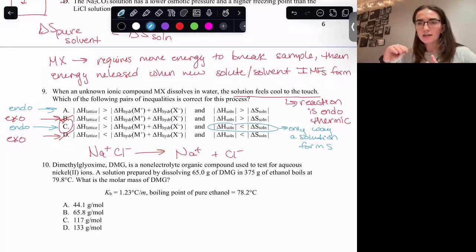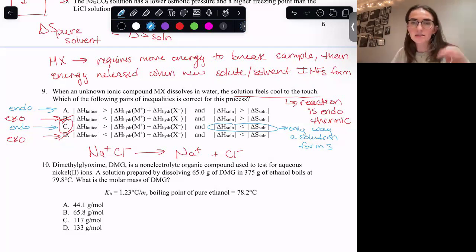Does that help clarify some of this stuff? So for an exothermic reaction, one of them might be greater than the other, right? Delta H is not always greater than delta S, and delta S is not always, yeah, that's a great idea.